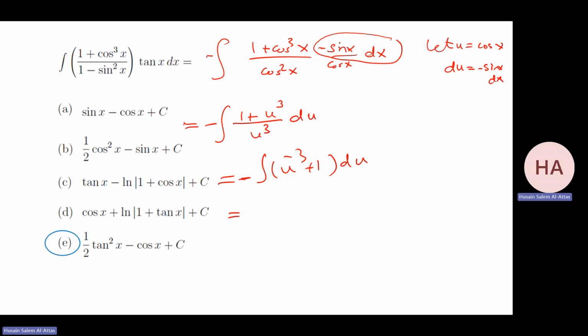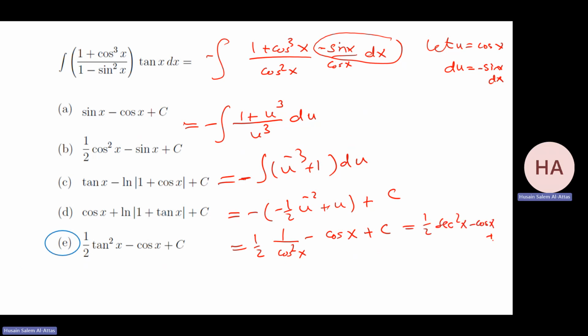This is minus half u to the power minus 2 plus u plus c. That will be half 1 over u square, 1 over cosine square x, plus cosine x, or minus cosine x plus c, which is half secant square x minus cosine x plus c. We don't have secant square.